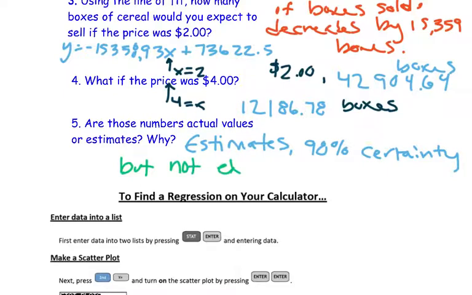Because we cannot, for instance, figure out when COVID's going to happen, and therefore no one's buying whatever these boxes are. So, again, it's never going to be exact, but it is supposed to, based on previous data, be a very good relationship to what you would expect.